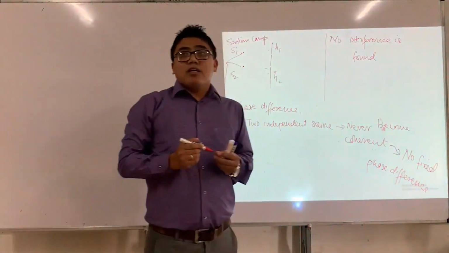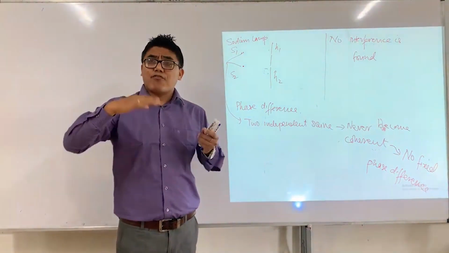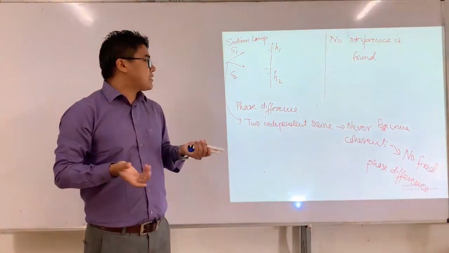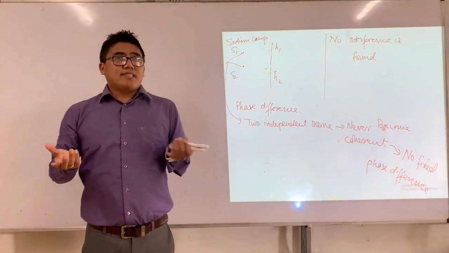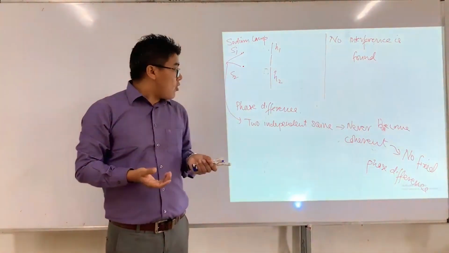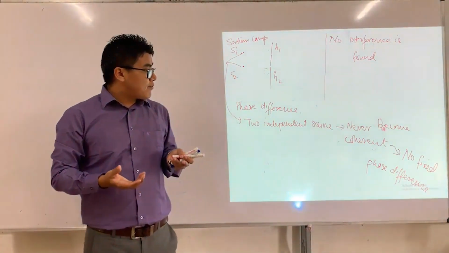Last class, when we defined coherence, the phase was very important. If the phase difference doesn't remain constant, then we say the two waves never become coherent. So when I use two independent sources, the phase difference never remains fixed.